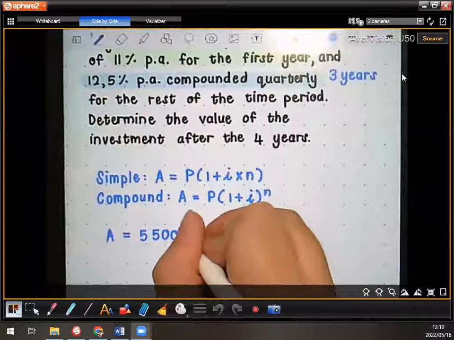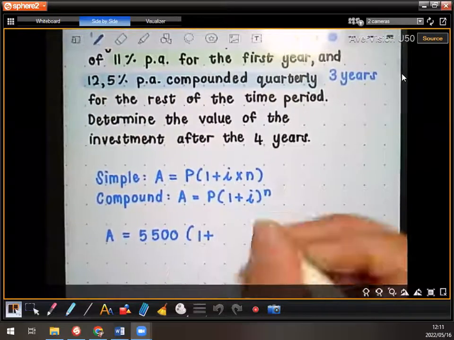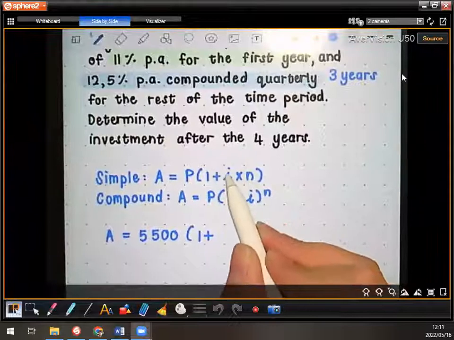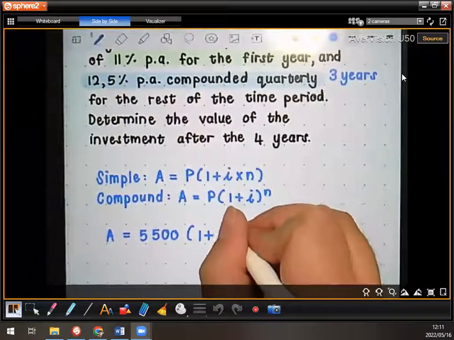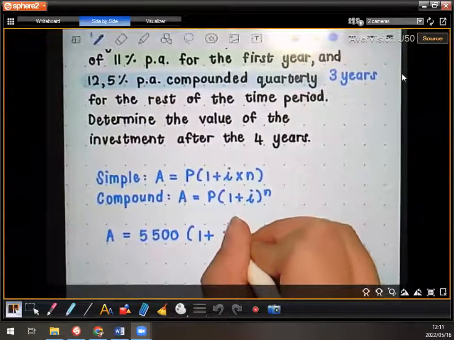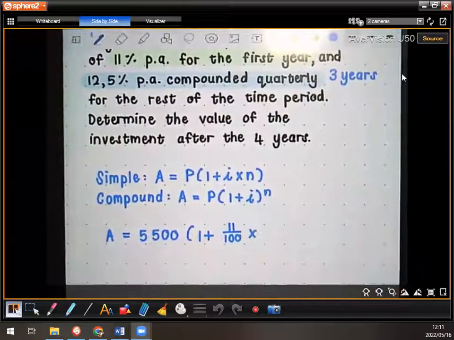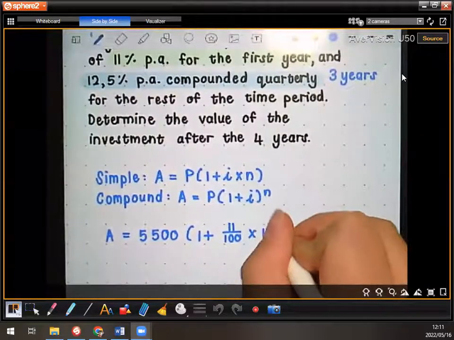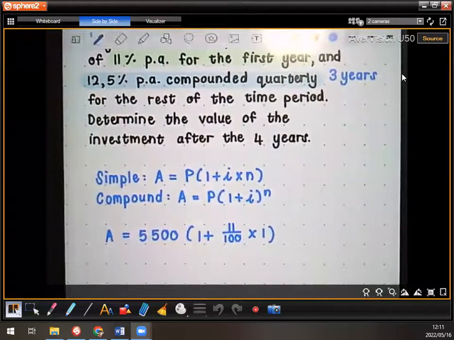So we're going to do 1 plus, for the simple interest, remember we're using this type of bracket, the interest rate is 11%, so we write that as 11 over 100, times how many years, guys, was it at that interest rate? 1. Let's say for the first year, so our n value for that one is 1. We close the bracket.